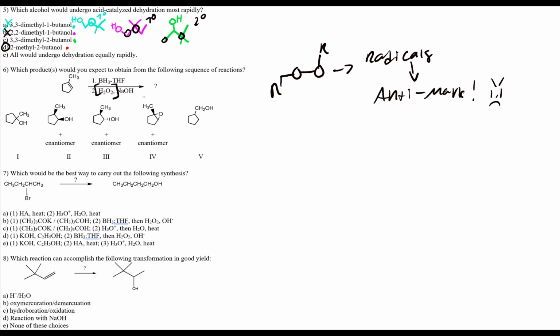I know it's a lot to remember that name, but I remember that name because it tells me what to expect. I'm expecting something that is anti-Markovnikov and something that is cis or syn, right? So again, syn is equal to cis. So my answer should have something that is cis, but cis to what? Well, cis to hydrogen. So for hydroboration, you should have cis to the added hydrogen.